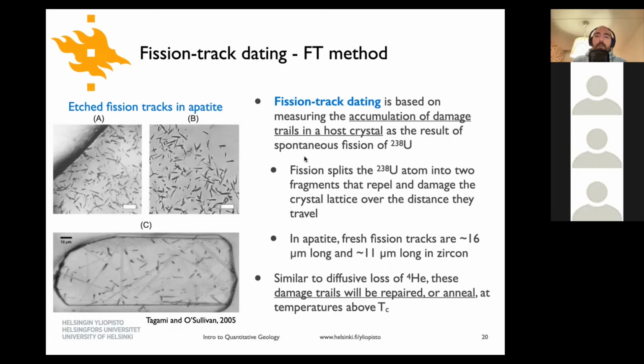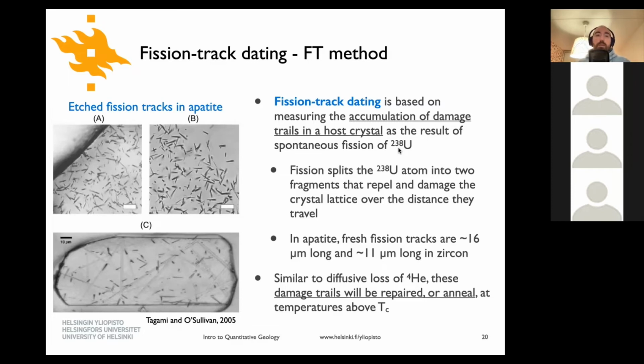Before we had an alpha particle with a mass of 4. Now if we take 238 and divide it by 2 roughly, we're going to end up with two pretty big isotopes that are going to propel themselves apart from one another, repel each other. And as they repel apart, they're going to leave a damage trail through the crystal.